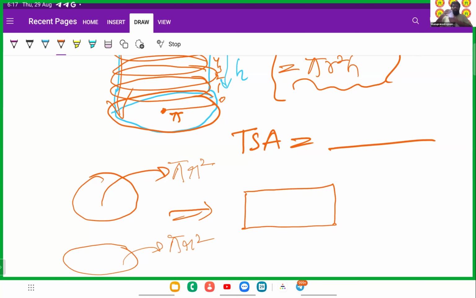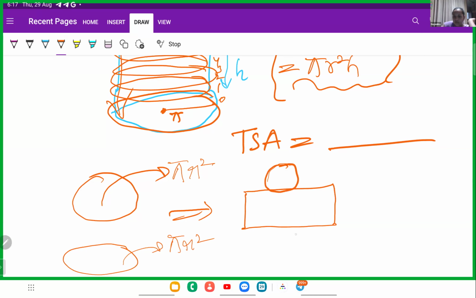This is the bottom surface and this is the top surface. Once I open this paper, what shape does it form? A rectangle, right? So we have three surfaces here.